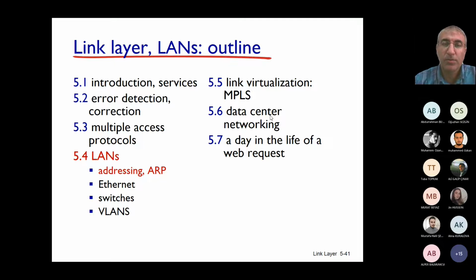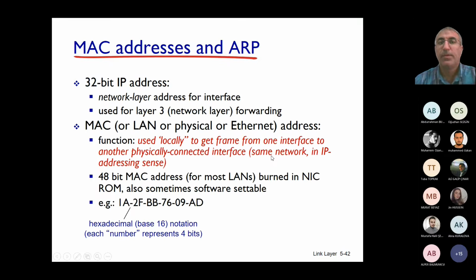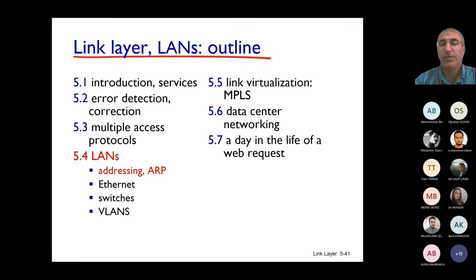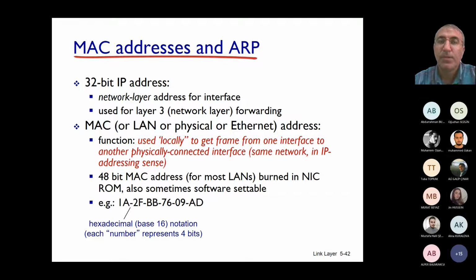Okay, guys, so the last topic for today is local area networks. The first topic that we're going to cover is the address, in this case MAC addresses, and we use a protocol for that called ARP.